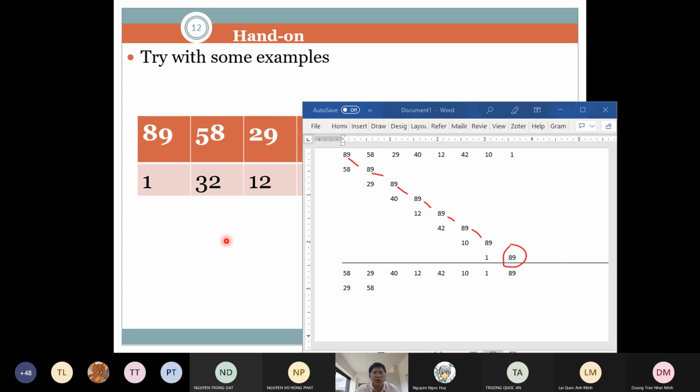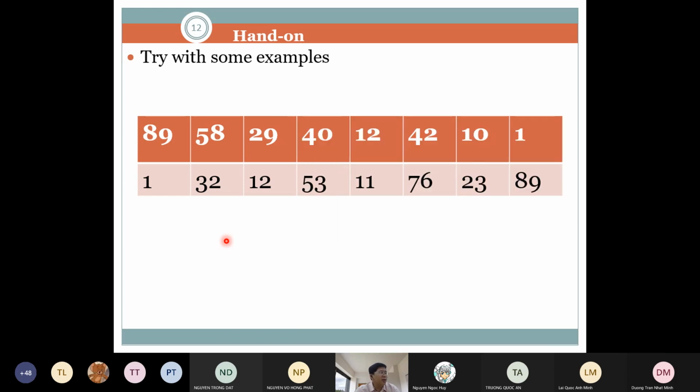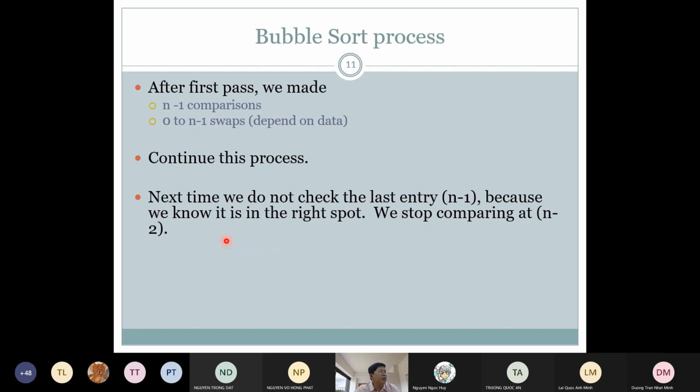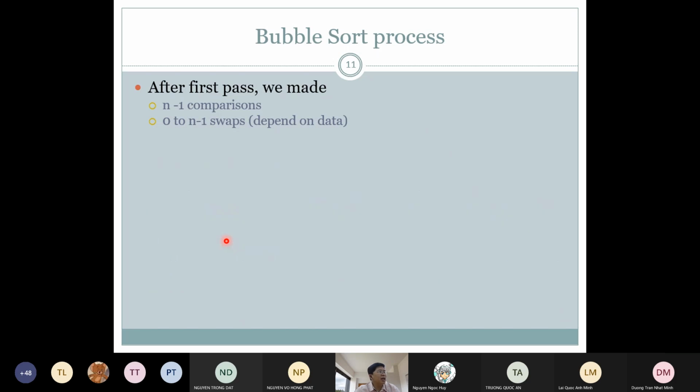Now the question for you: after the first pass, do you agree that we have n-1 comparisons? We compare the first one, then move to the next one. We do it n-1 times for the first iteration. The number of swaps is from 0 to n-1.